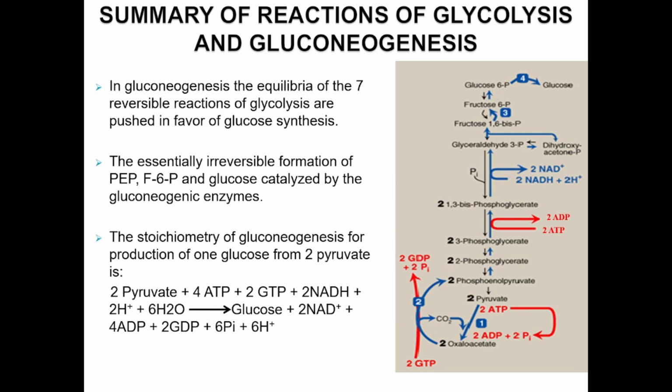Gluconeogenesis is a very costly process. It costs a lot of ATP for the body to produce glucose from non-carbohydrate sources, to maintain normal blood glucose level in the circulation for the brain and RBCs and the other tissues that are solely dependent on glucose.